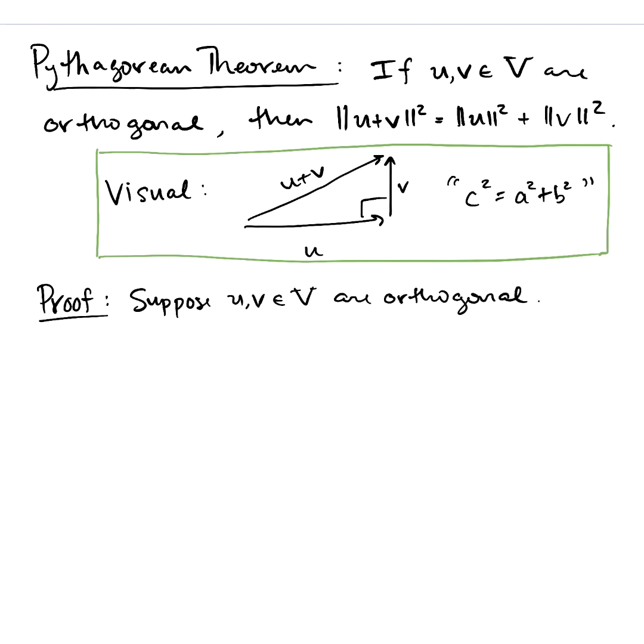Under that supposition, we have to argue now that the square of the norm of the sum is the sum of the squares of the norms. Okay, well, let's just start with the left-hand side of the thing we're trying to show.